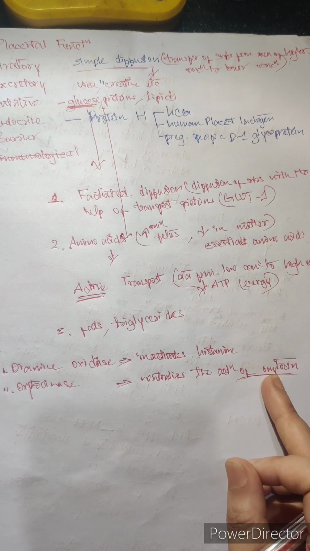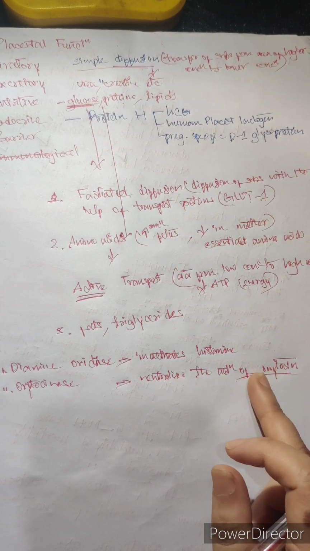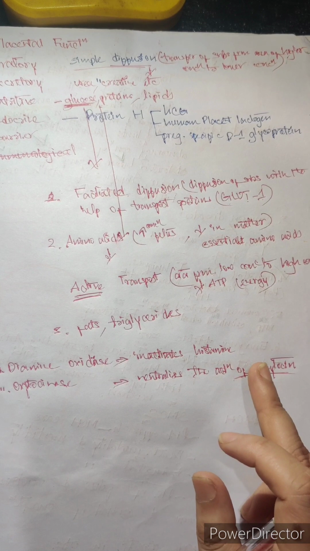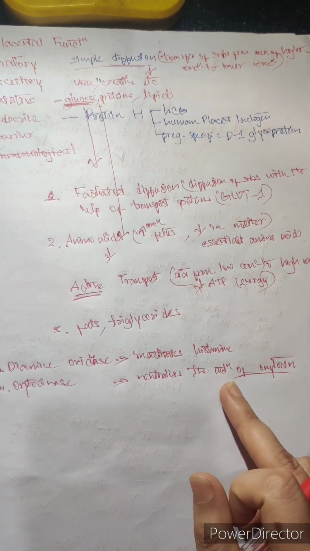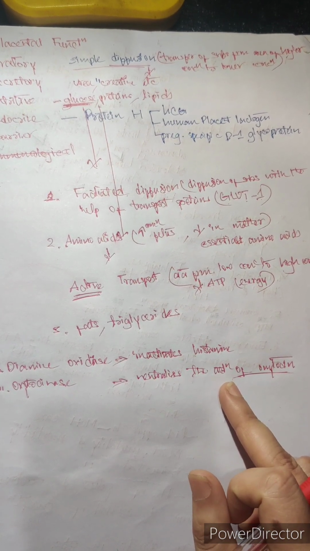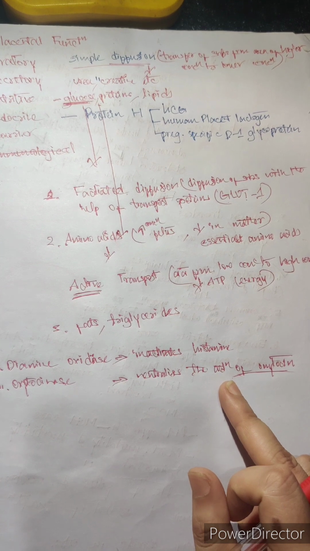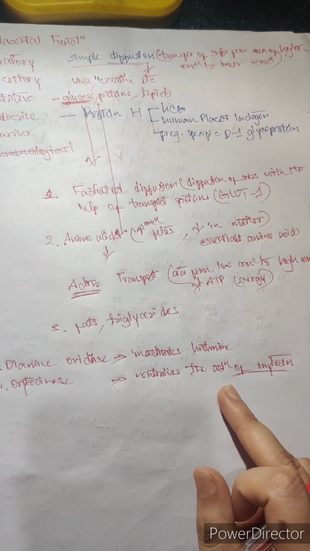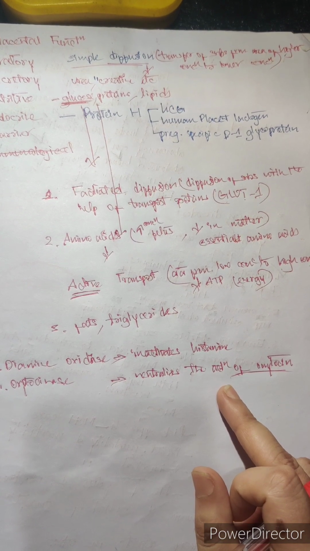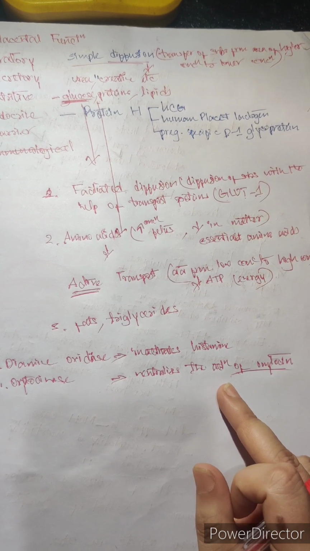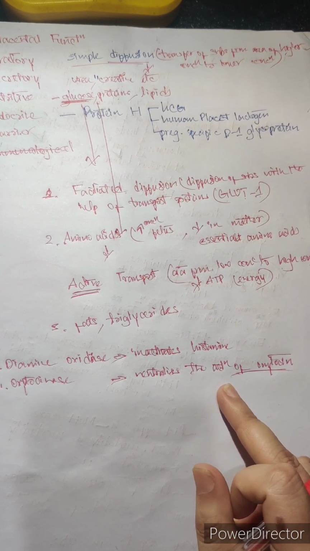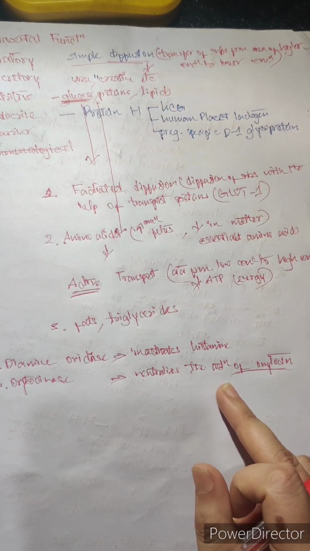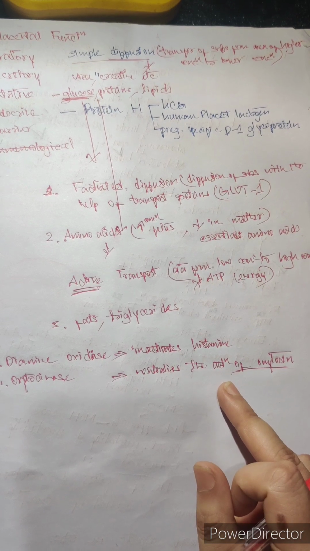Oxytocin is the hormone responsible for the initiation of uterine contractions. Okay, so oxytocin is not required during the period of gestation. What happens if oxytocin is produced during gestation? Obviously it will cause uterine contractions, which is not needed. So the enzyme nullifies or neutralizes the action of oxytocin.